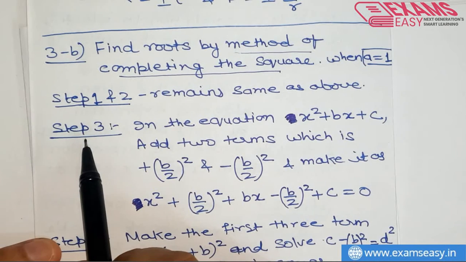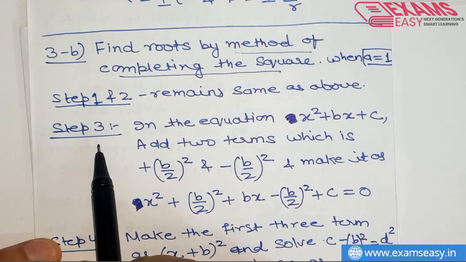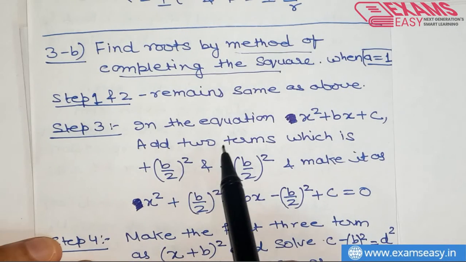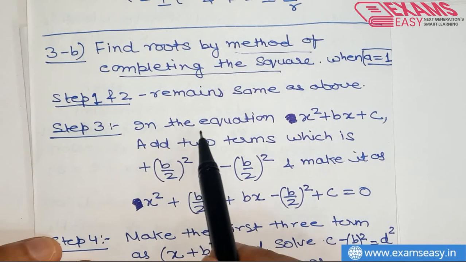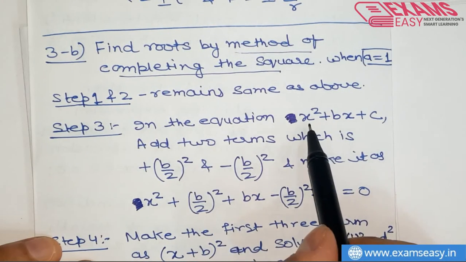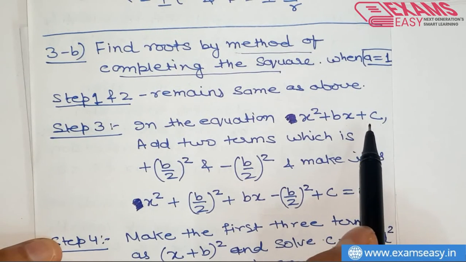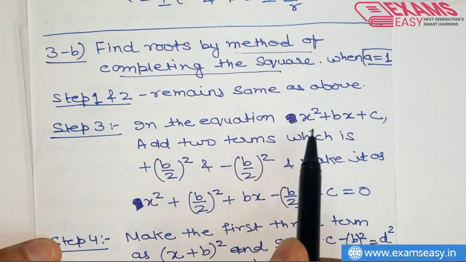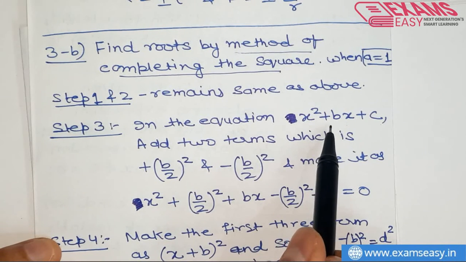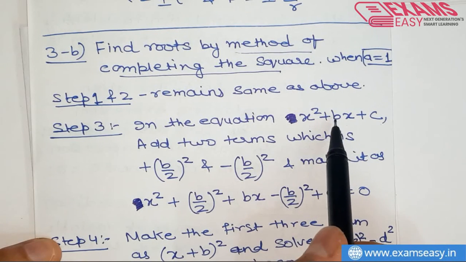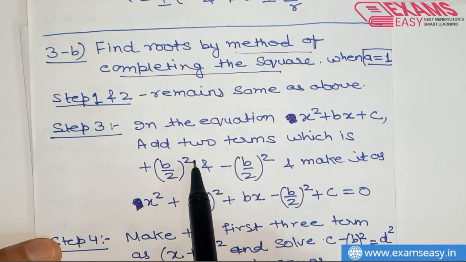Now the third step is different from the factorization method. Suppose we are getting the equation in the form x square plus bx plus c, then we have to add two terms in this quadratic equation: we will divide b by 2 and take the whole square.